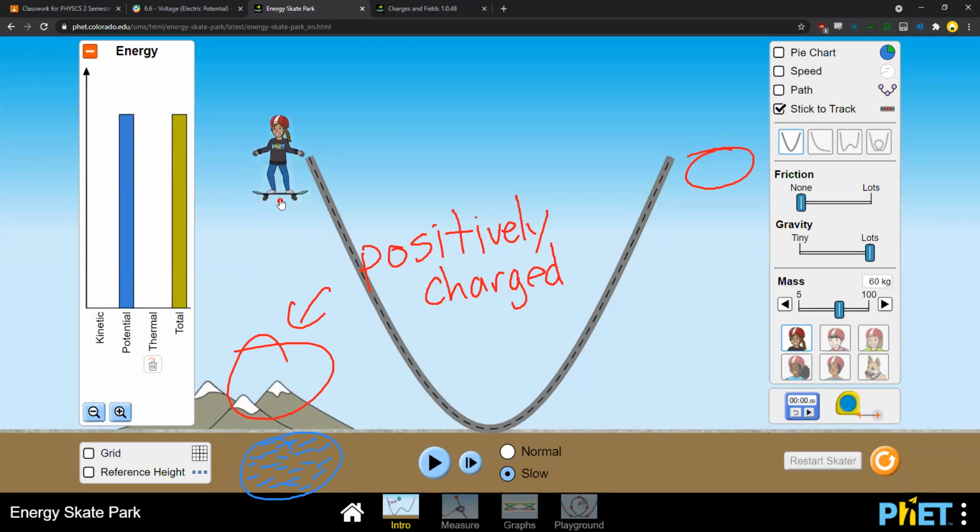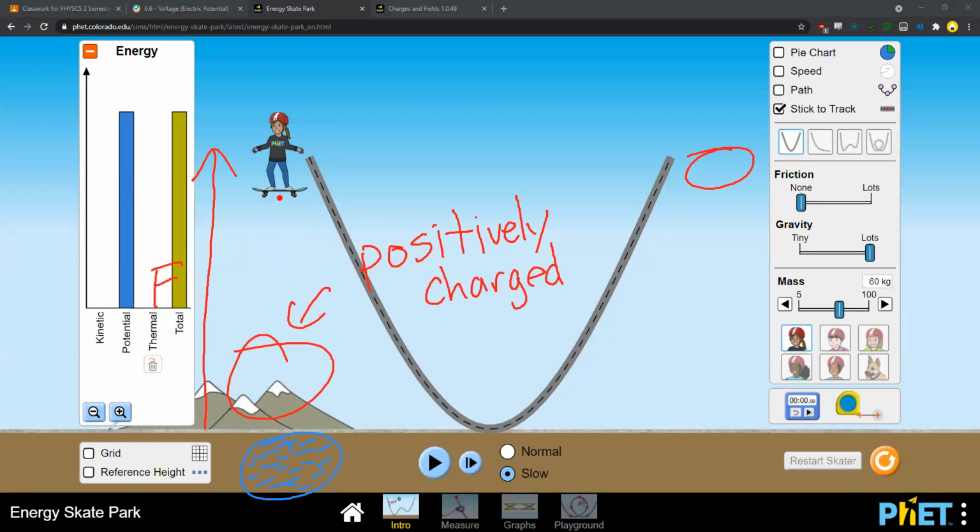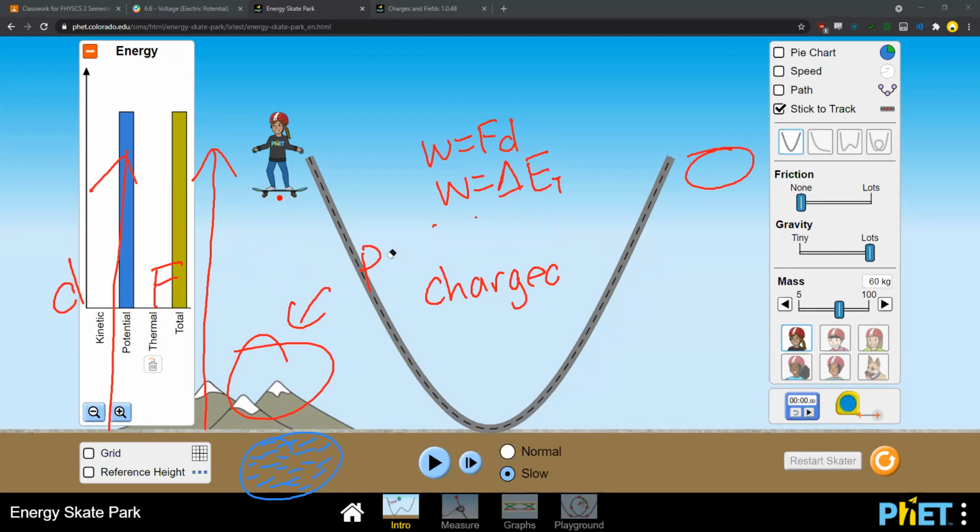In the process of me pulling her away, I'm doing work. I'm applying a force and she is being displaced, which means I'm doing work. I'm giving this person energy because we know that work is equal to delta E_T. I'm giving her energy.